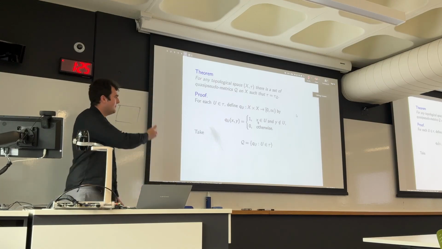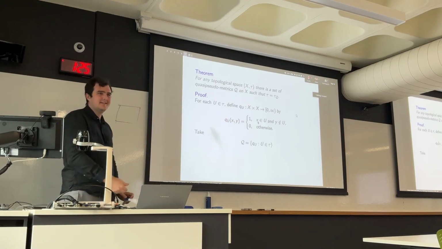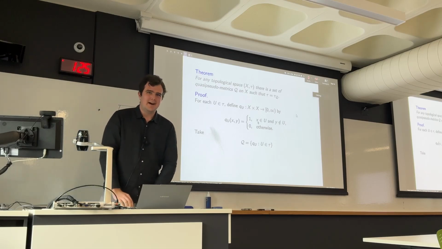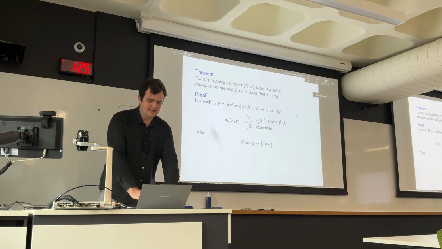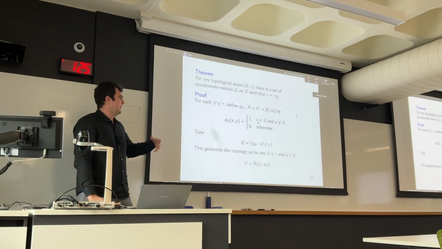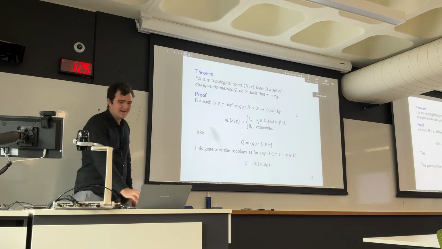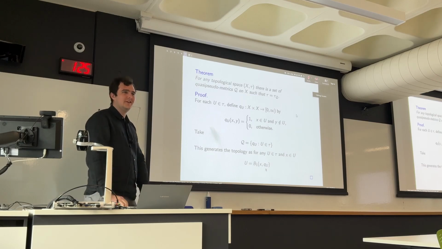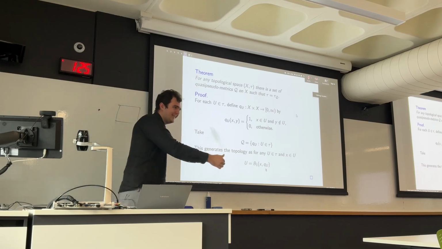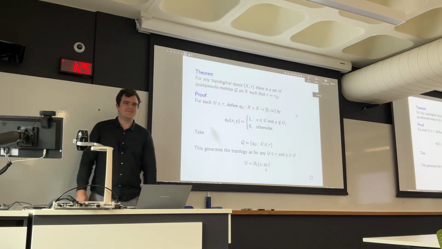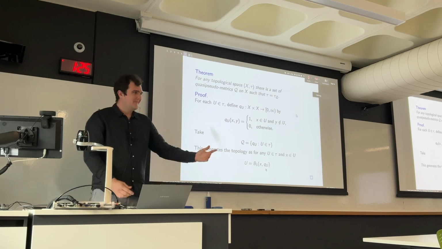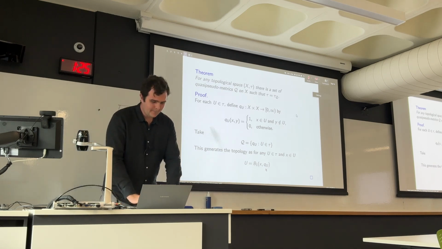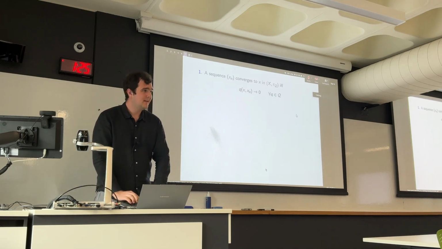Then you take this set of metrics Q to be the set of all these q_U's. And the idea is that this generates the entire space, because for any U, you can just take the ball of radius 1 at x using metric q_U, and that just generates U back. So it works.